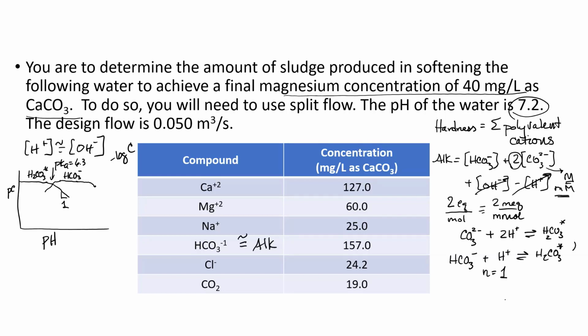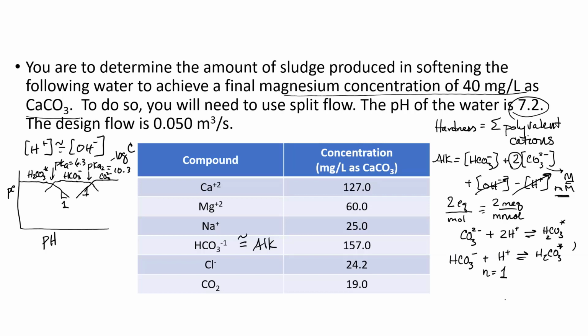And bicarbonate will continue to predominate until pH reaches pKa2, which is about 10.3, and here carbonate predominates.